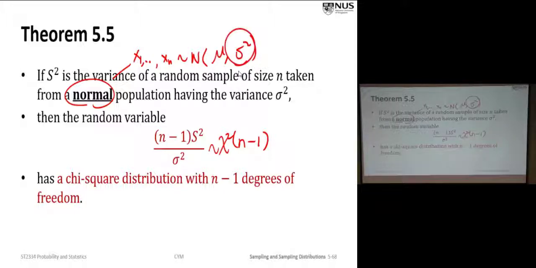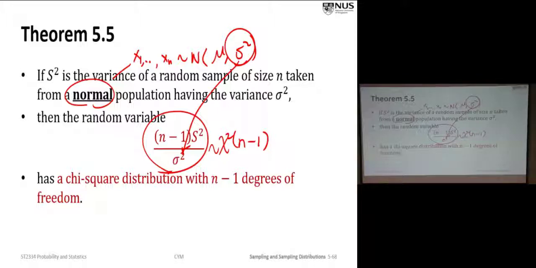This sigma square is important because it appears in this quantity. If you don't know sigma square, there's no way that you can compute n-1 S square over sigma square. But in some other situations, we may not need to know sigma square, but the property says that n-1 S square over sigma square follows chi-square.